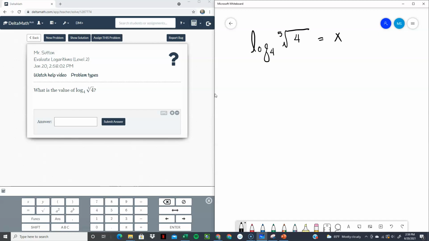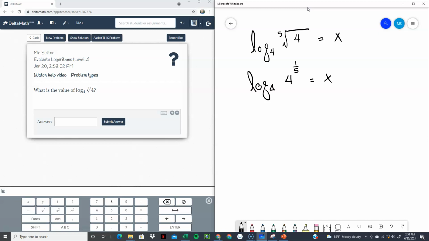And before I do that, I also want to rewrite this, instead of as a radical, as 4 to the 1/5 power, because we know that radicals are the same thing as fractional exponents. So the 5th root is the same thing as 1/5 power. So that'll make it easier to rewrite this in exponential form.